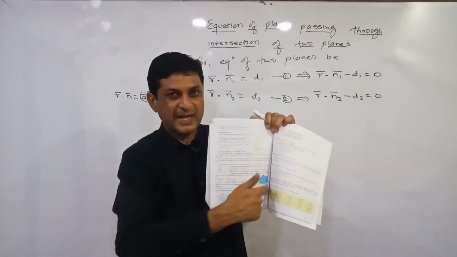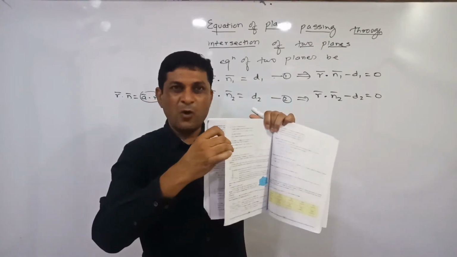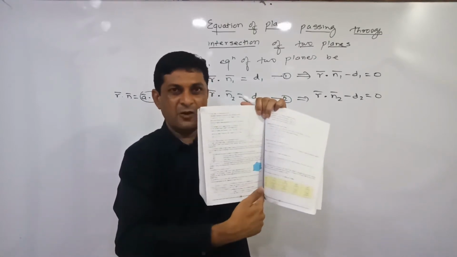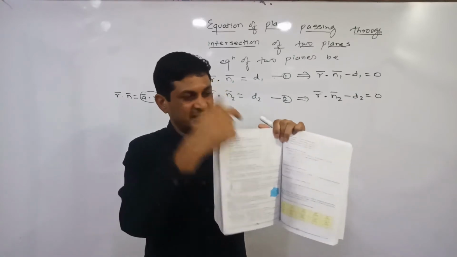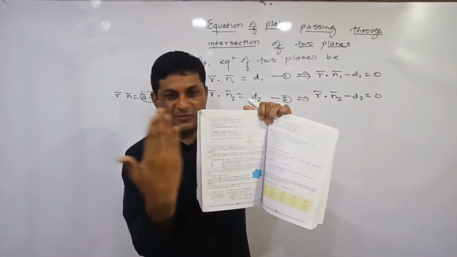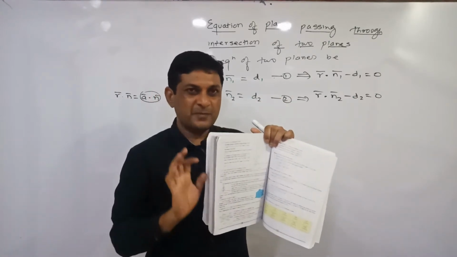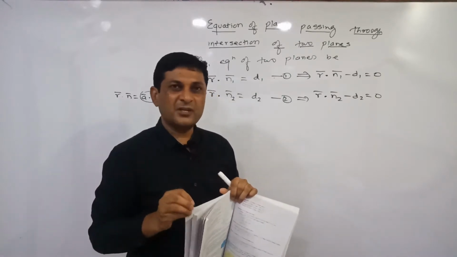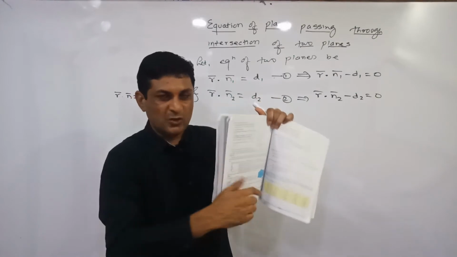And from this line, how many planes can be passed? Every page is like a plane, a flat surface, and all these planes pass through this line of intersection. So if two planes intersect each other, their intersection is a straight line, and an infinite number of planes can pass through this straight line. We are going to prove one formula to find the equation of such a plane which passes through the line of intersection of two planes.